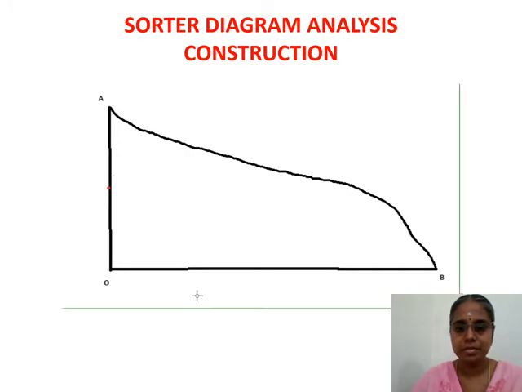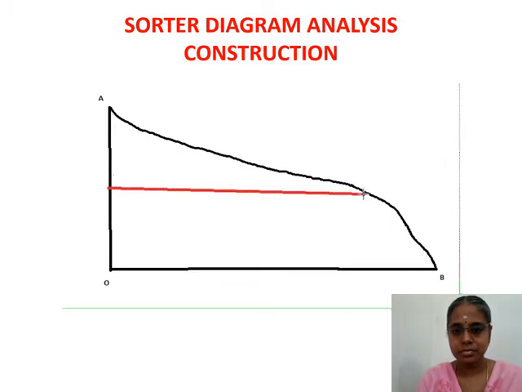in Paint. This is the sorter diagram which you have got O, A, and B. After tracing, you have to mark the same notations: O here, A here, and B here. Now take a midpoint Q. From that midpoint, draw a line parallel to OB which touches the curve at P dash.